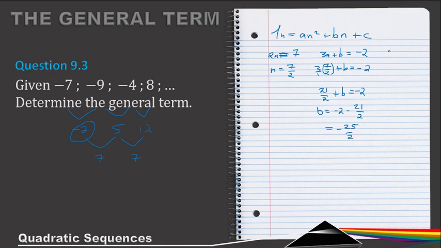All right, then finally we've got a plus b plus c is equal to the first term, -7, and substituting the values, so a's value is 7/2 plus b's value, so that's minus 25/2 plus c equals -7. So c is equal to -7 minus, since this goes over, change the sign, minus 7/2 plus 25/2.